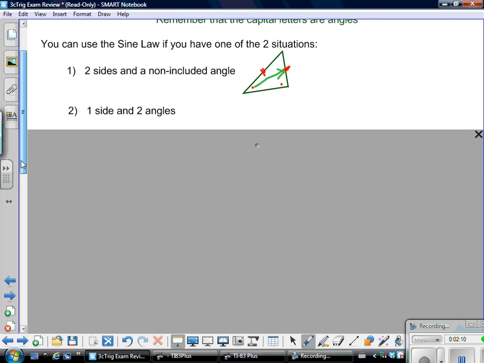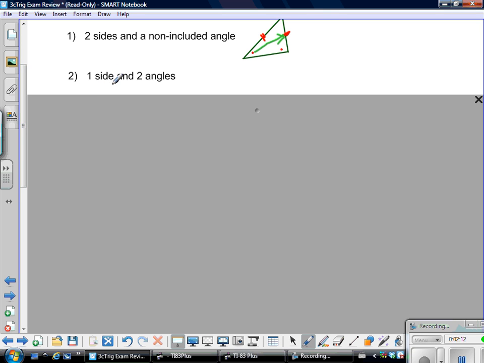Or it's possible that they have given you only one side, but two angles. Now, if they've given you two angles, let's face it, they've actually given you three, because the sum of the interior angles of a triangle equal 180 degrees. So if they've given you two angles, the first thing that you should do is calculate the third one. And that way, if you need it, you have it. If you don't need it, it's fine. It's just a simple subtracting and adding question.